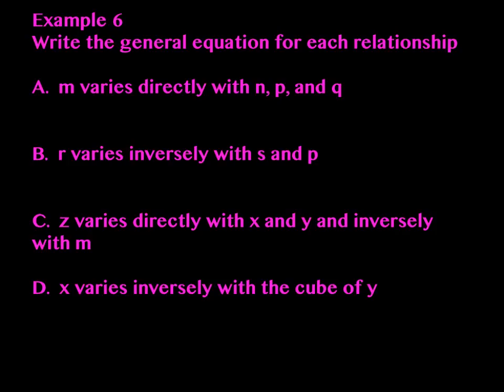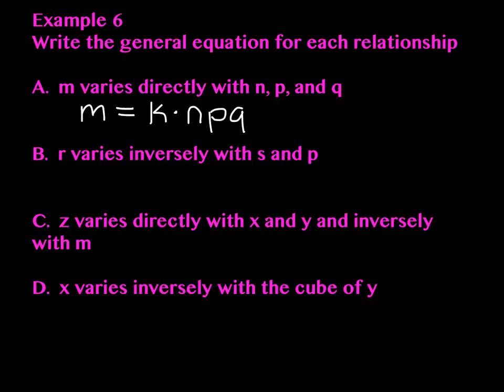So if m varies directly with n, p and q, directly with all of them, m equals, directly is k times, and then n, p and q, we'll just say k, n, p, q, all multiplied together. Not added, just all multiplied.